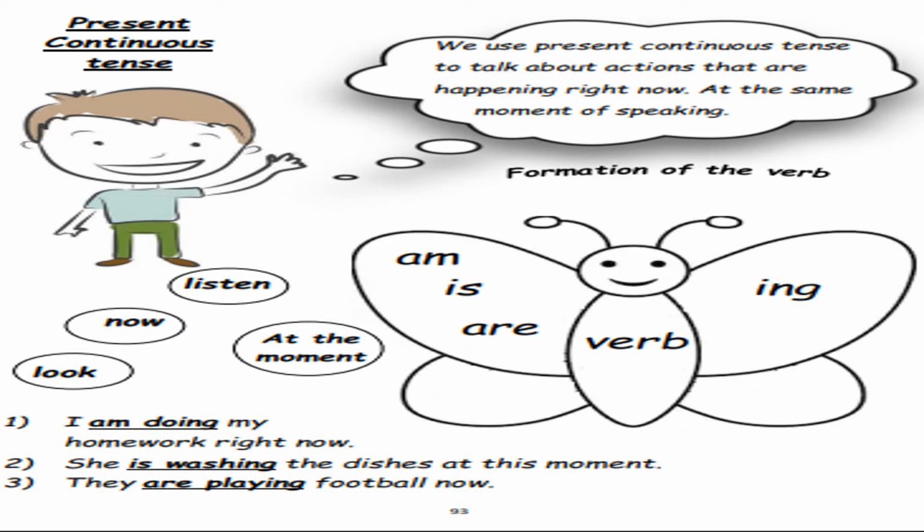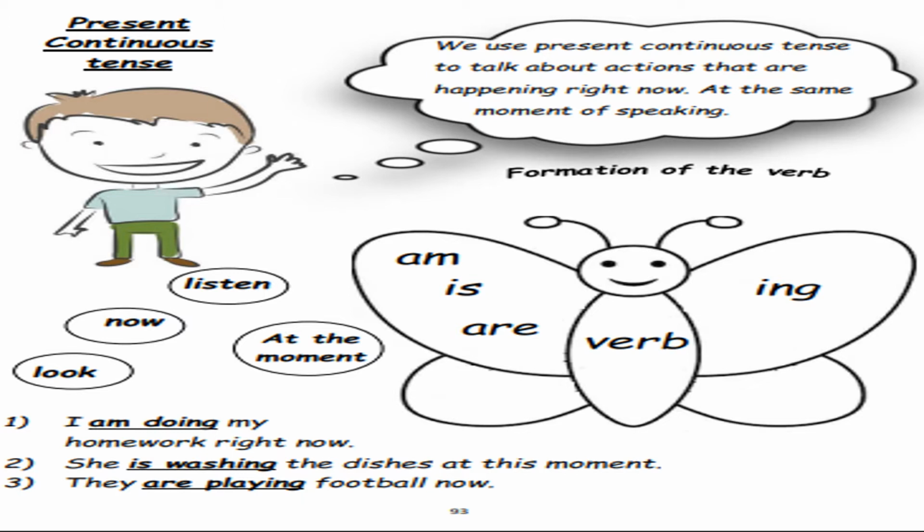What are the keywords for the present continuous tense? Listen, now, look, at the moment. Some examples, as you can see, number one, I am doing my homework right now. Number two, she is washing the dishes at this moment. Number three, they are playing football now.